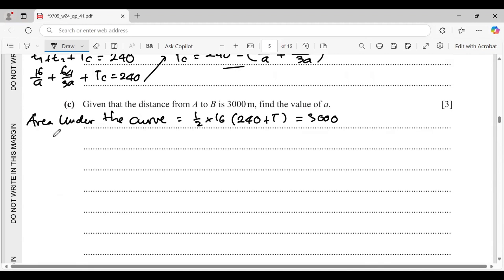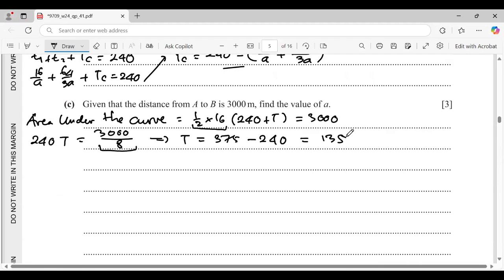Then it becomes 8 times (240 plus T) equals 3,000, so 240 plus T equals 3,000 divided by 8, which is 375. So T equals 375 minus 240, and T equals 135.